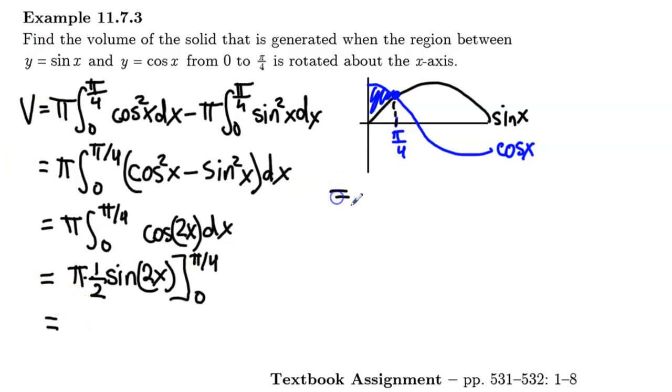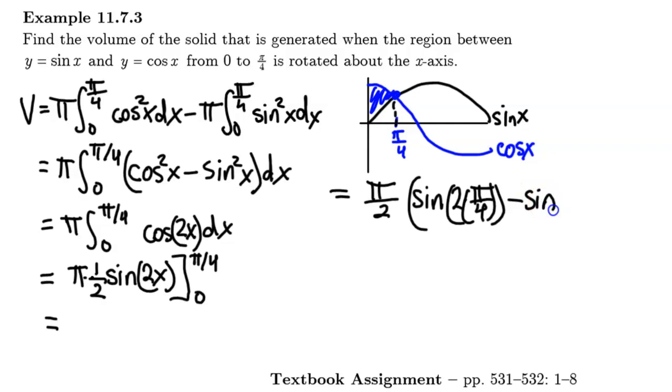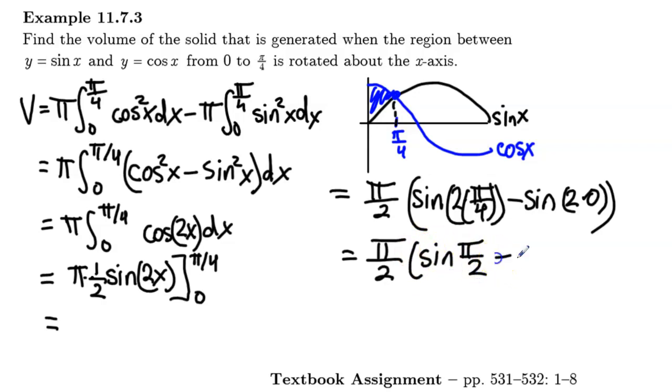So this will be pi over 2 times sine 2 times pi over 4 minus sine 2 times 0, equals pi over 2 times, this really amounts to sine of pi over 2 minus sine of 0.